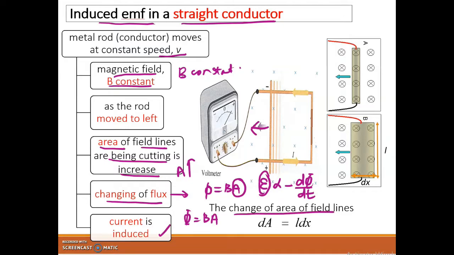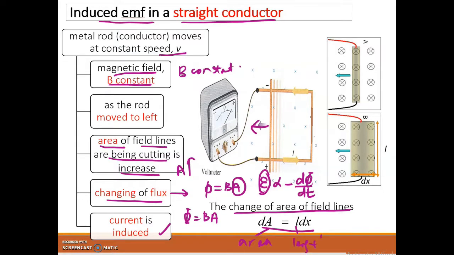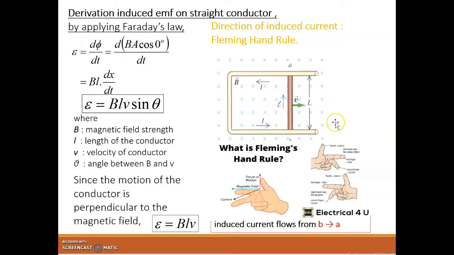For the change of area of the magnetic field lines, we have dA equal to L dx, where A is area, L is length, and x is the displacement. For the derivation of induced EMF on a straight conductor, by applying Faraday's law, we have EMF equal to negative d flux over dt. So what is changing here? The area is changing.